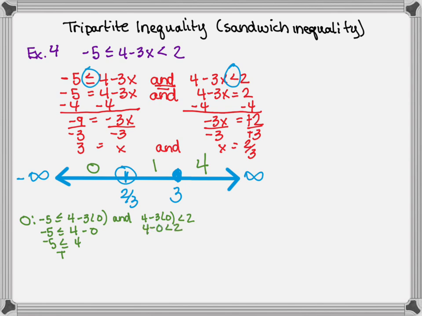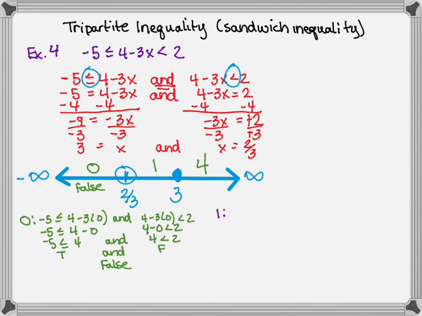The second one becomes 4 minus 0 is less than 2, or 4 is less than 2. That is false. So this is an and statement, and we have at least one false. That means this and statement is false. So I'm marking the interval that we got the 0 test value from as false.